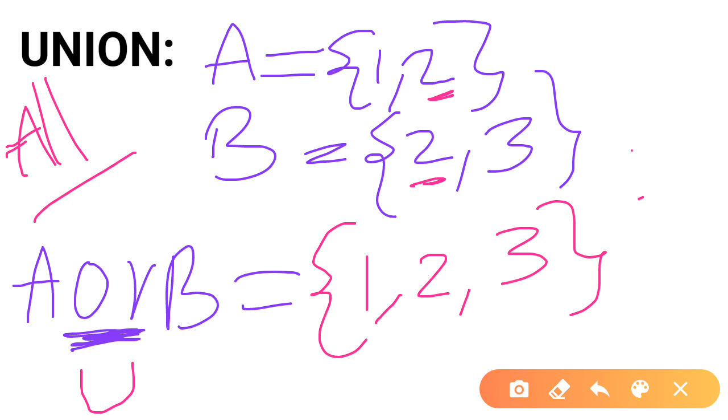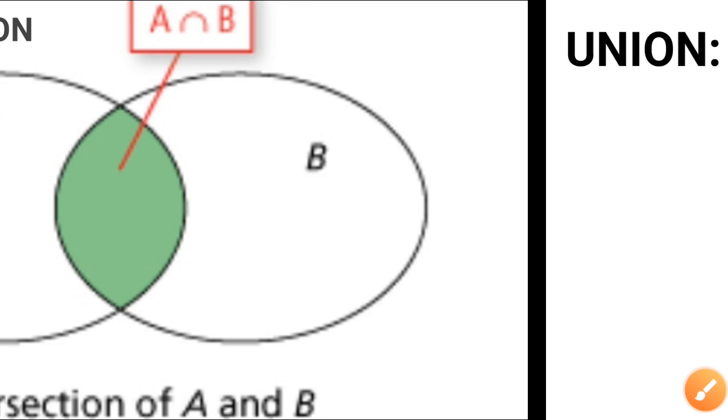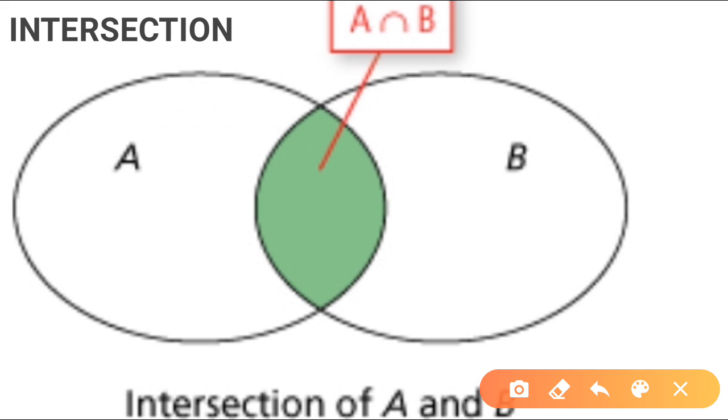The next one, intersection. Intersection means the common part of A and B. That's why in the Venn diagram the green shaded part is the intersection part, A intersection B, right? Intersection means you should write common elements.